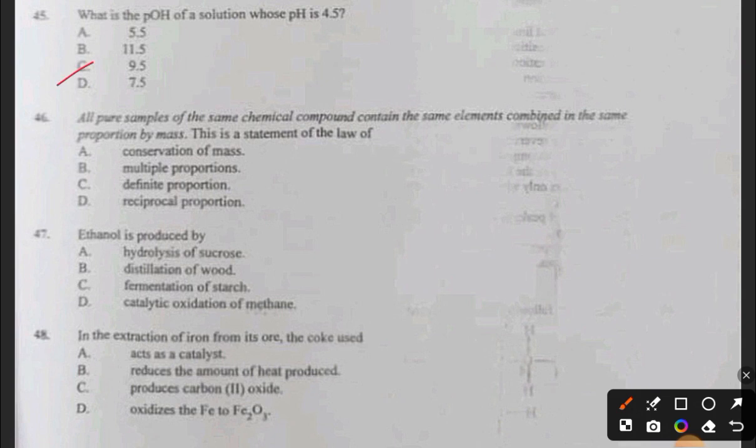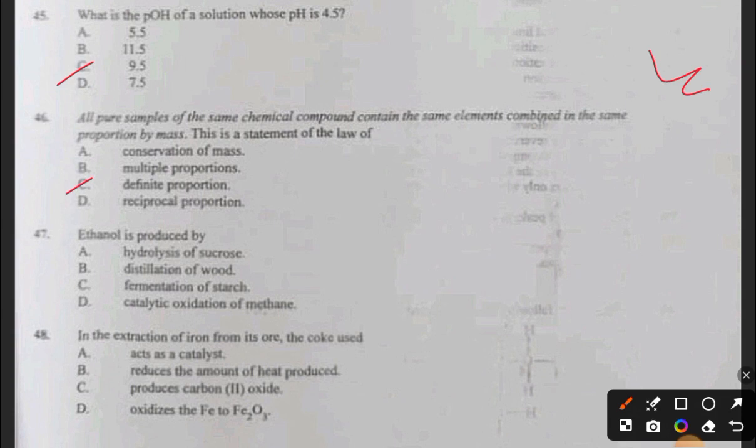46. All pure samples of the same chemical compound contain the same element combined in the same proportion by mass. This is a statement of the law of definite proportion. Answer is C. 47.